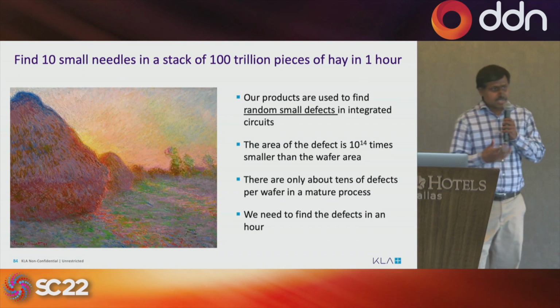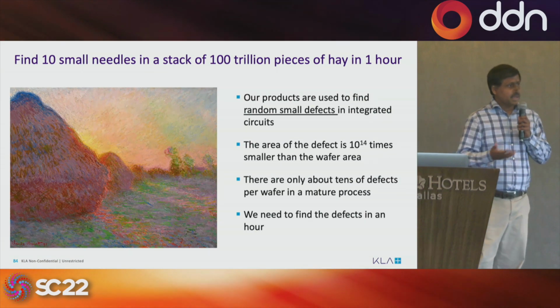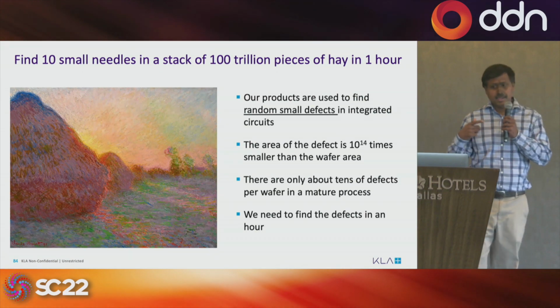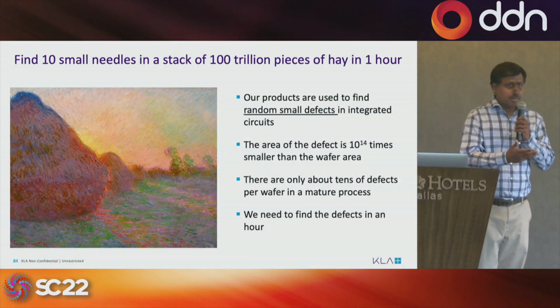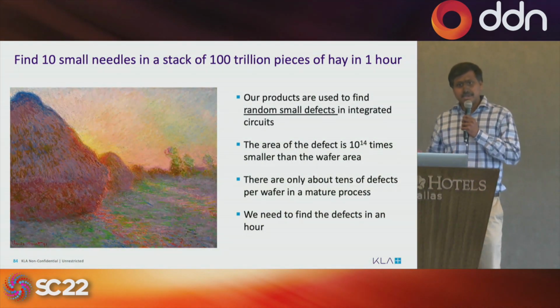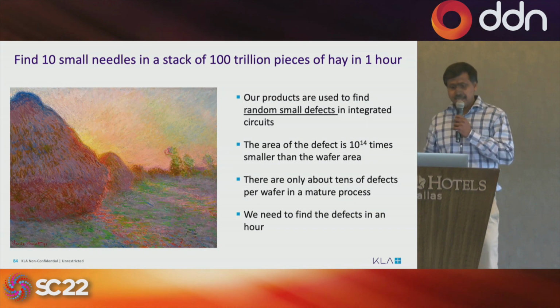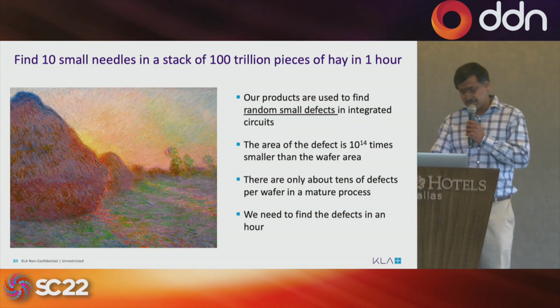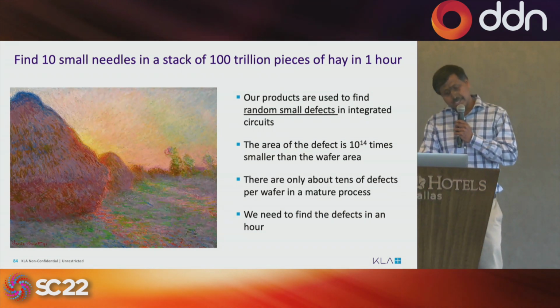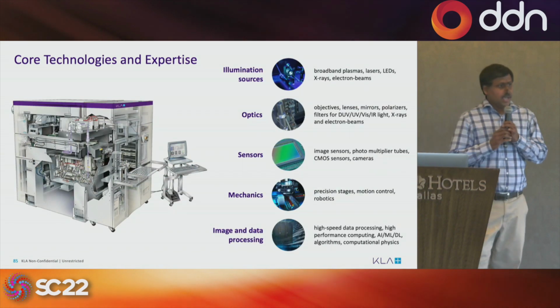So that adds up to finding one problem needle out of a trillion needles in a haystack. That is the scale of the problem that we are trying to handle. And how do we do this?